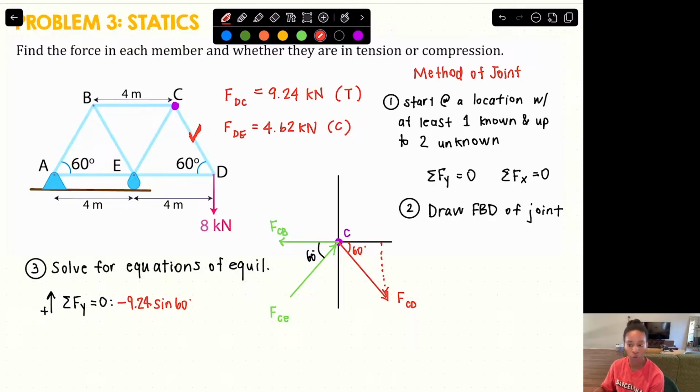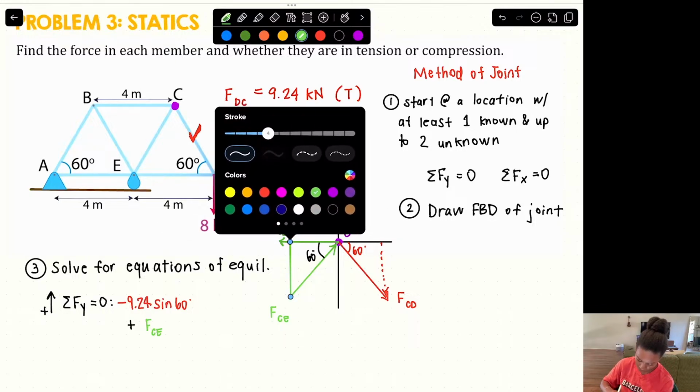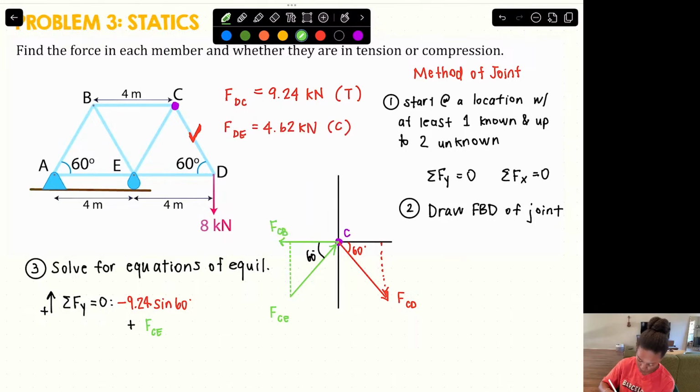So negative 9.24 times the sine of 60 degrees, plus a force CE that we do not know, times, again, the y component, which is going to be up. So positive sine of 60, all of that equal to 0 because we're in equilibrium.